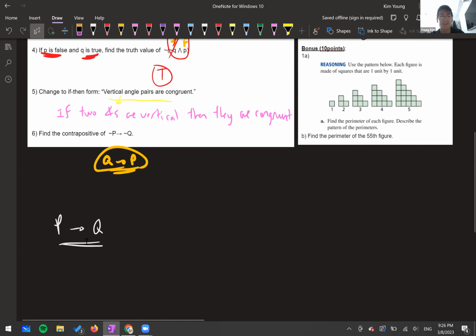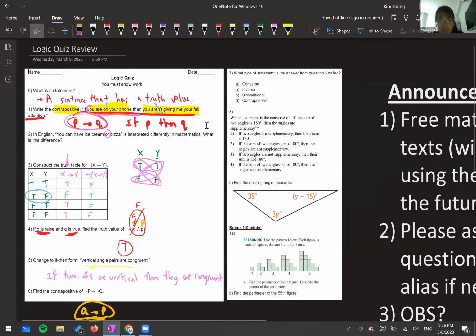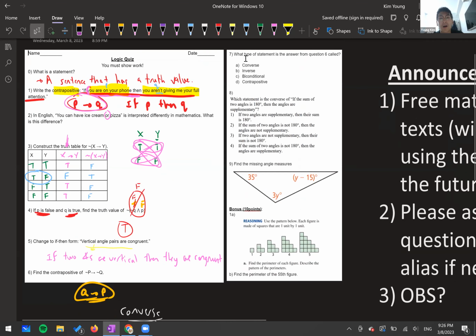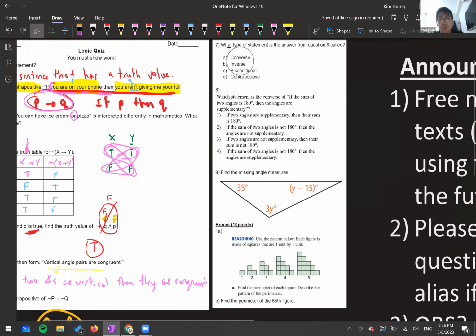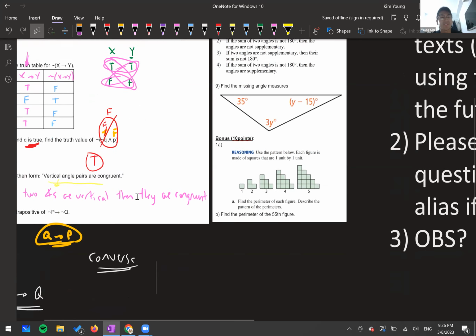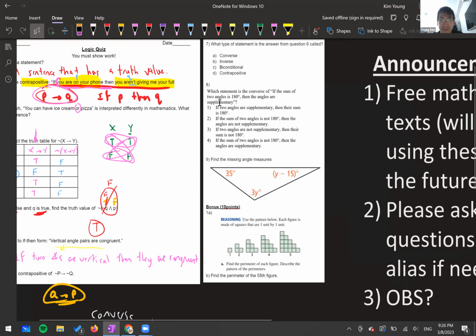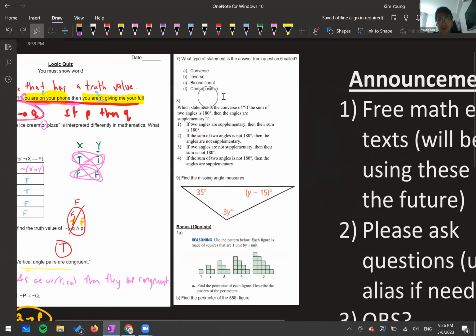Comparing the answer we got for 6 with this, when the conclusion and the hypothesis swap, you should recognize that this is the converse. So this is going to be A. To do this kind of multiple choice question, you need to be able to know the other ones, so you should Google these and do some research on it. And if you have any questions, please ask.